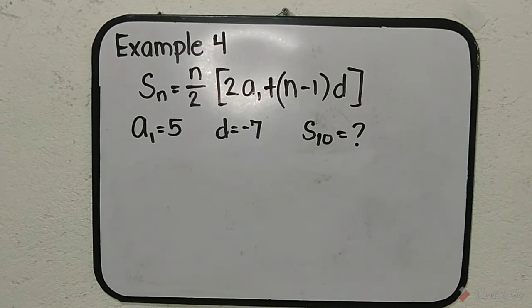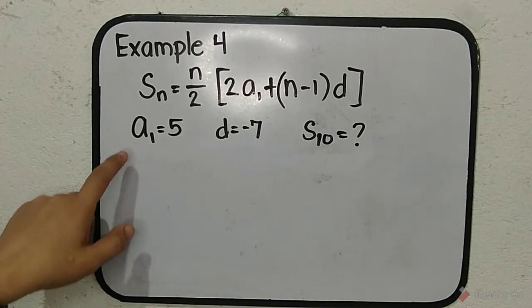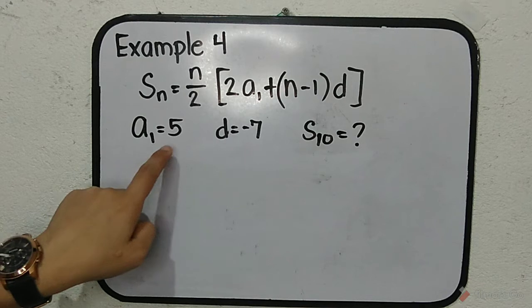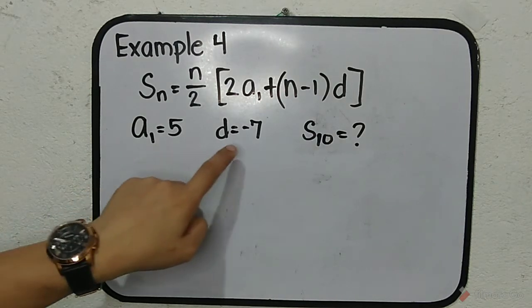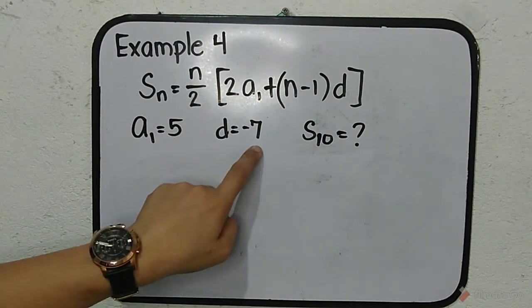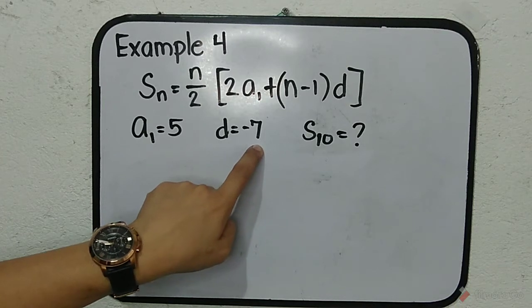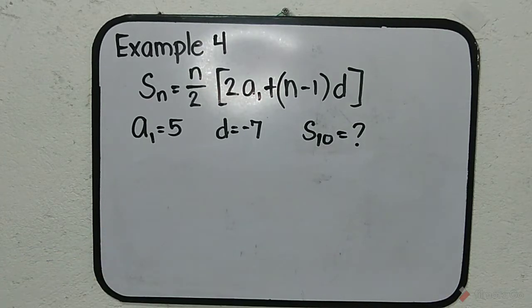Example number 4. Provided that we have a sub 1 equals 5, common difference equals negative 7. We were asked to find the summation of the first 10 terms ng ating arithmetic series or sequence. Napapansin ulit natin na hindi binigay ang ating last term.